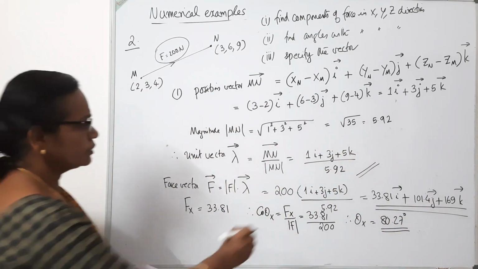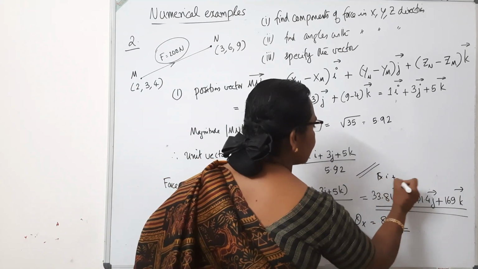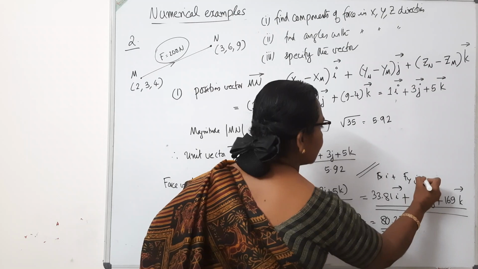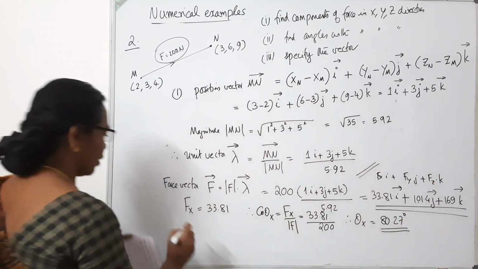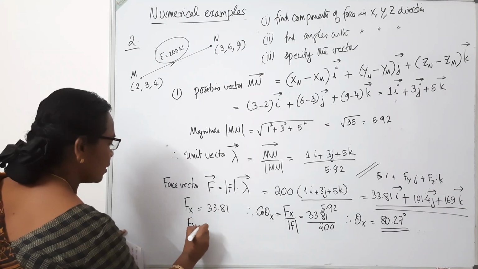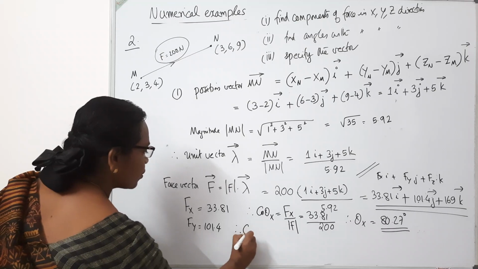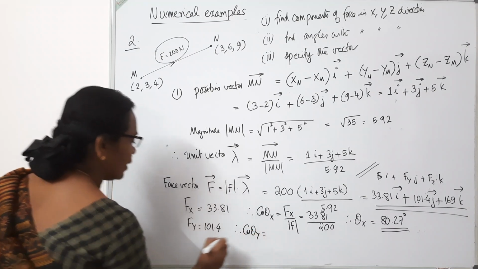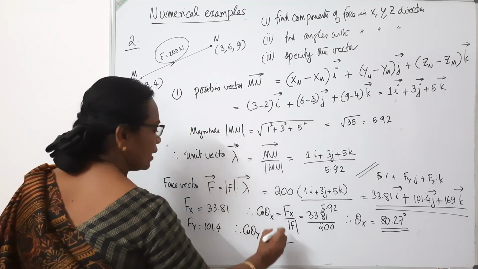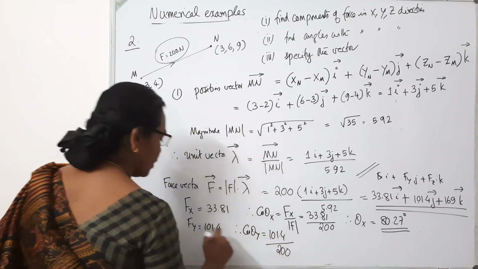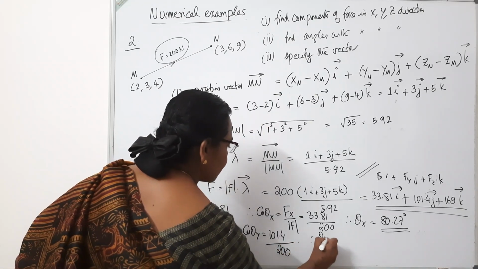Now the second component, 101.4. So this is Fx i plus Fy j plus Fz k. So Fy is 101.4. Therefore, cos theta y is equal to Fy, 101.4, divided by F, 200. Fy by F. From that you get theta y.